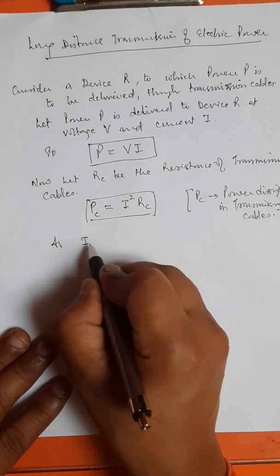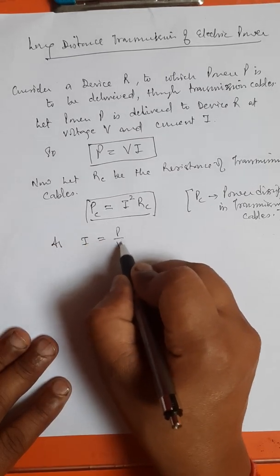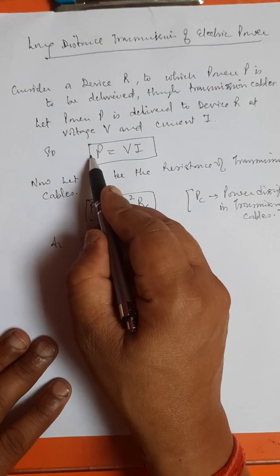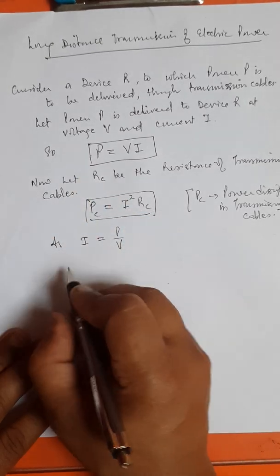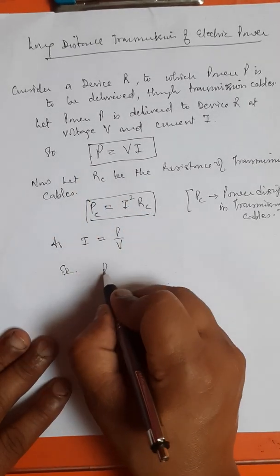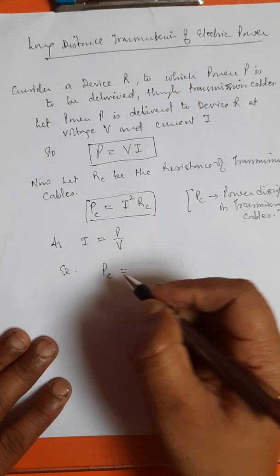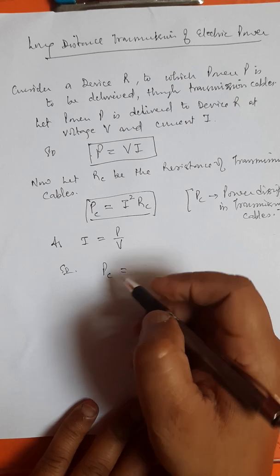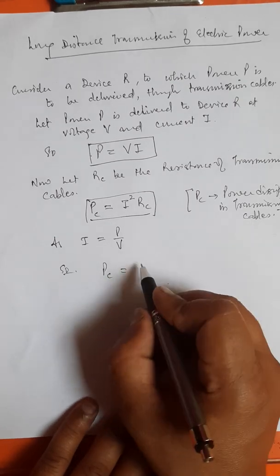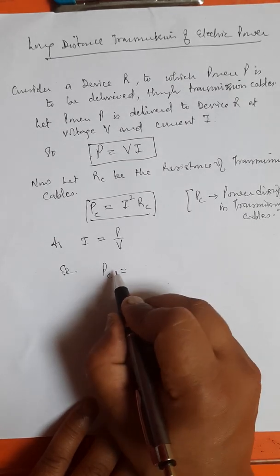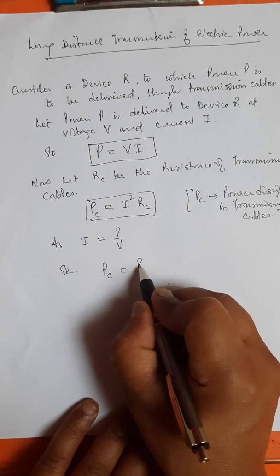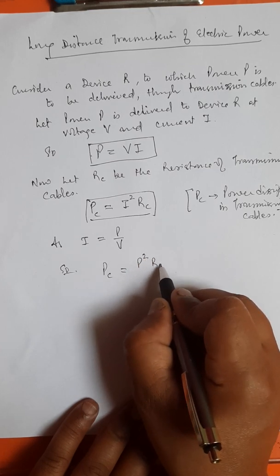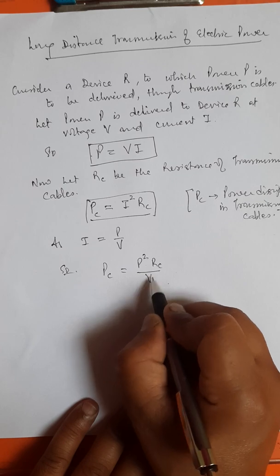As I is equal to P by V from the above equation, PC, that means the power loss of the transmission cables, can be written as P square RC by V square.